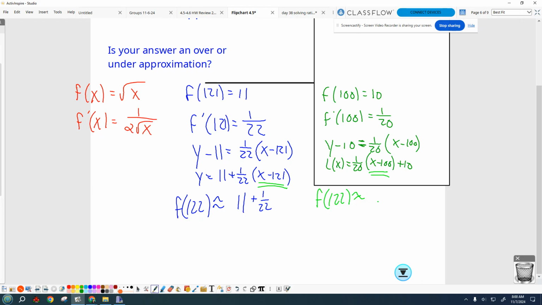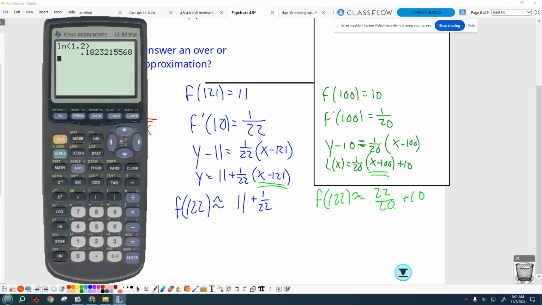Okay, so 121 is closer to 122. 100 is kind of far away, so it's greater error. Sometimes it works, sometimes it doesn't.